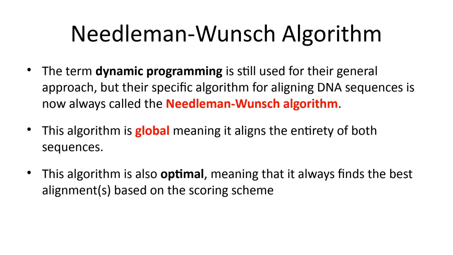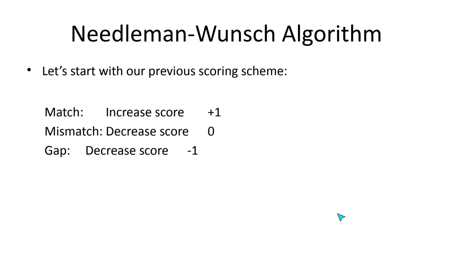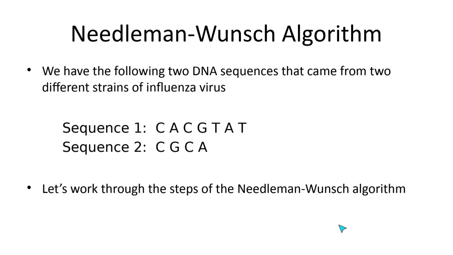All right, so we have all this as our setup. I'm going to show you this algorithm. We're going to use the same scoring scheme that we used before, where it's +1 for a match, we do nothing for a mismatch, and it's -1 for a gap. I'm going to do these two sequences as our example. They're longer than what we looked at before, but still short enough. We know there are going to be some gaps in here because these two sequences are not the same length.